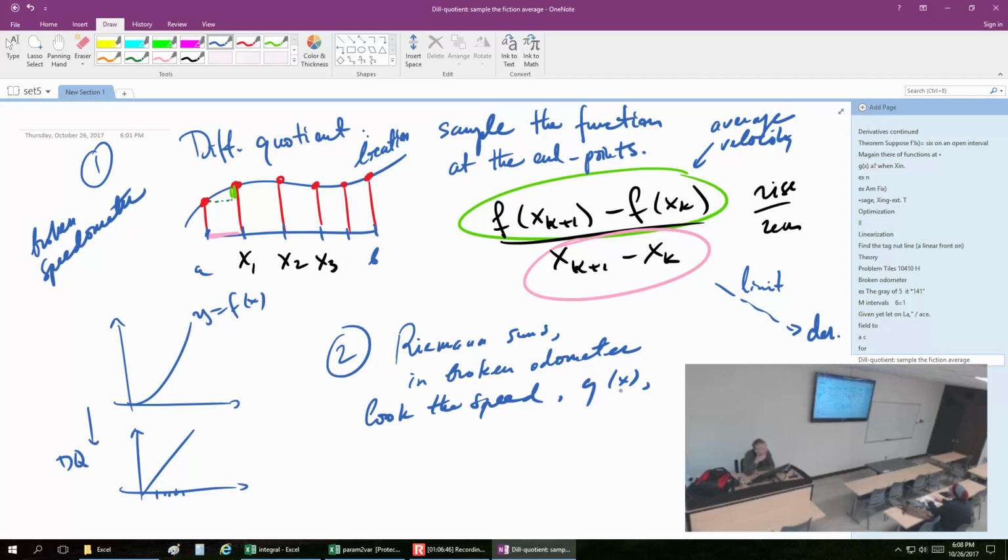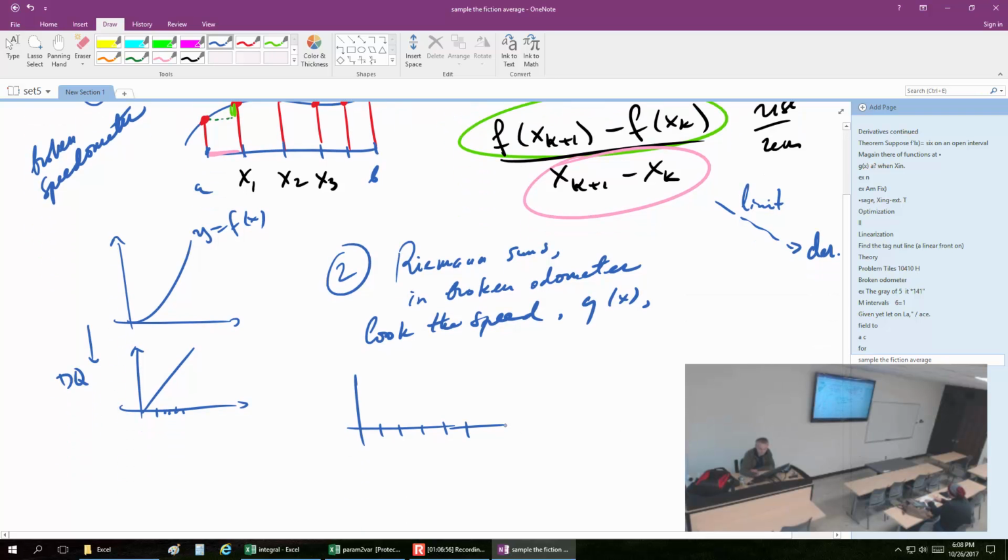I look at my speed at equal periods of time. I don't know the exact speed, but I can sample it. My function g is the speed, and these are the readings of my speed.